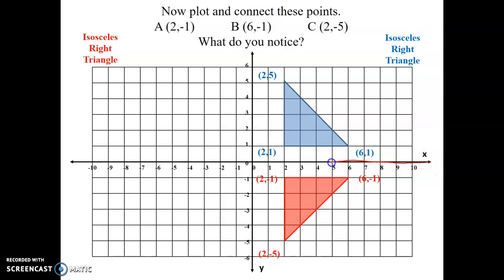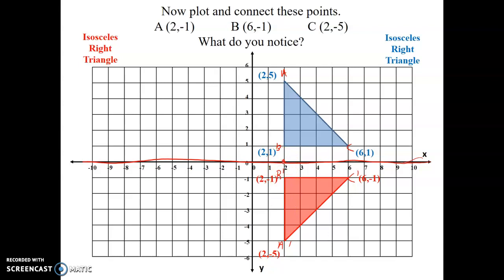So if the x-axis is my line of reflection, each point A, B, and C, and its corresponding points A prime, B prime, and C prime, are going to have the same distance from the x-axis. So I'm going to start at A and count 1, 2, 3, 4, 5 units to get to the x-axis.